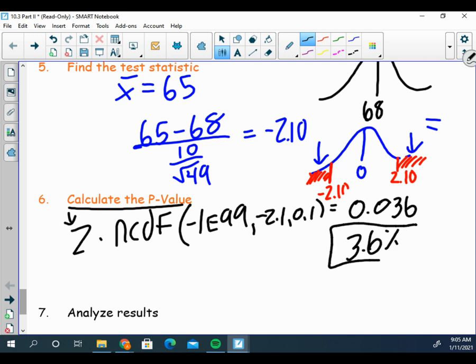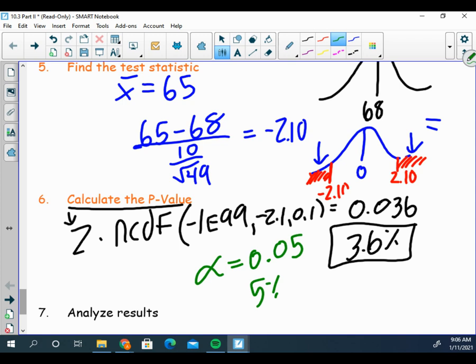Again, what we're going to do with this value is remember our level of significance. Alpha was 0.05 or 5%. So I'll give you 30 seconds. Think to yourself, are we rejecting the null here? There's a 3.6% chance that I get a data value.